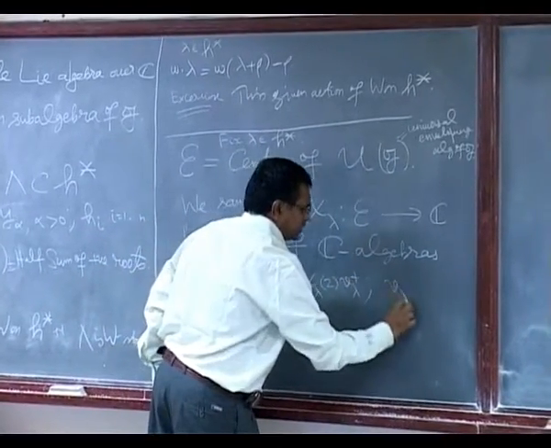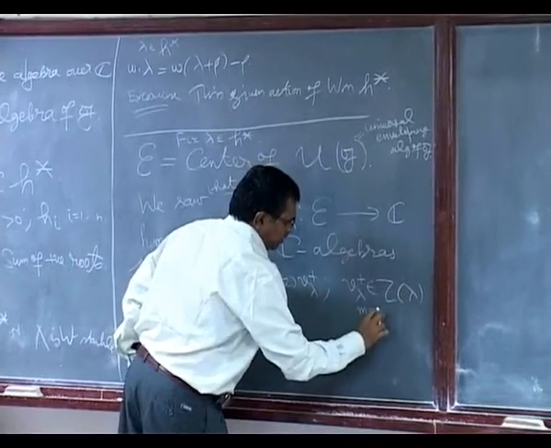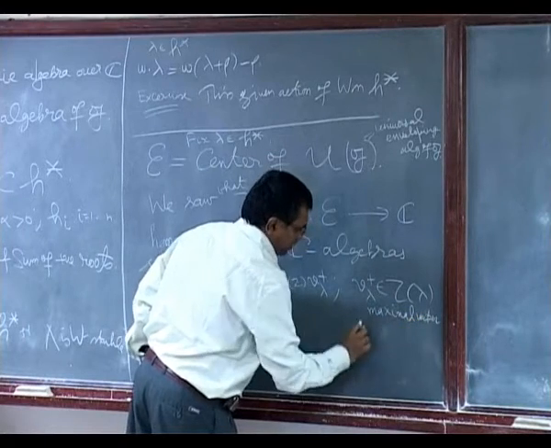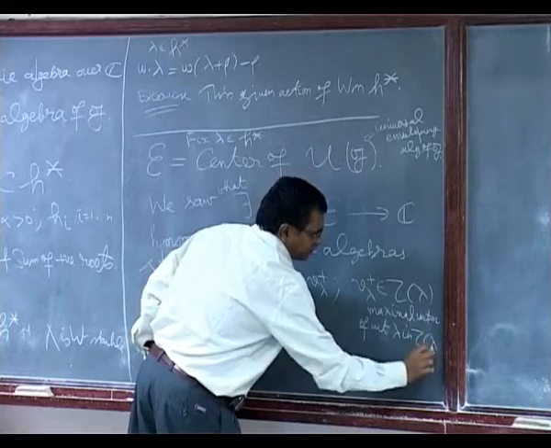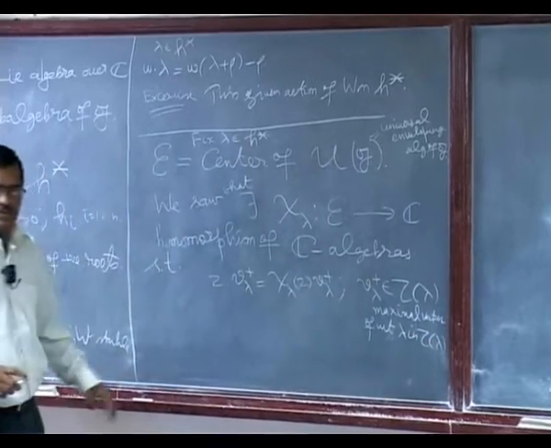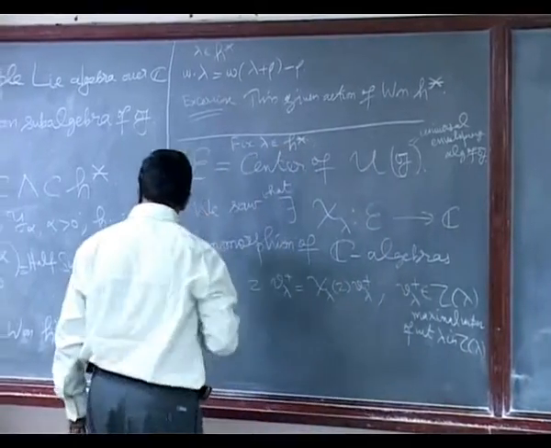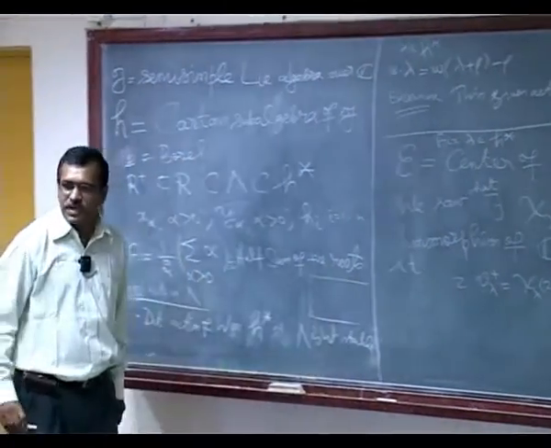So, v lambda plus is a maximal vector of weight lambda in Z lambda. So, Z lambda will be recalled; I can write somewhere here, just Z lambda.